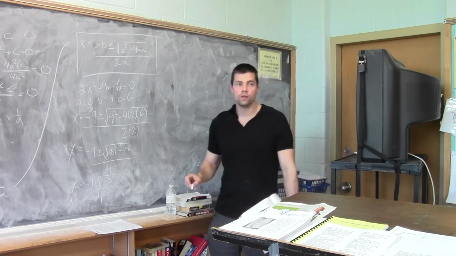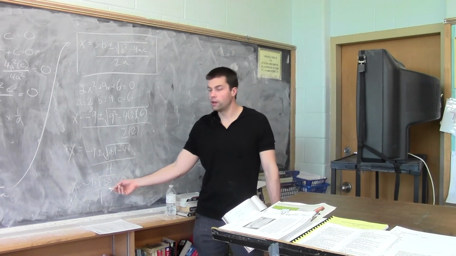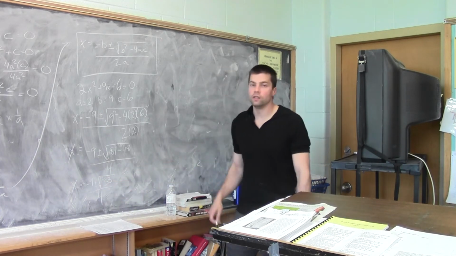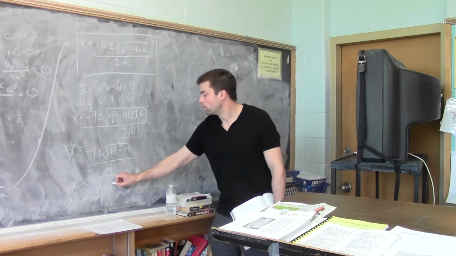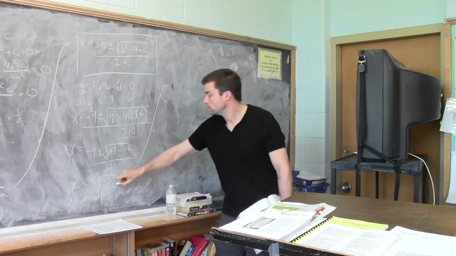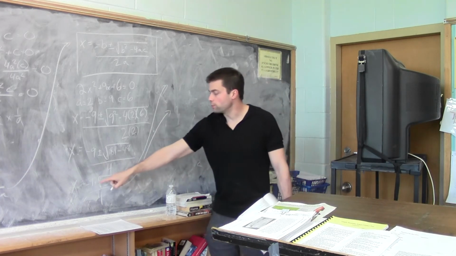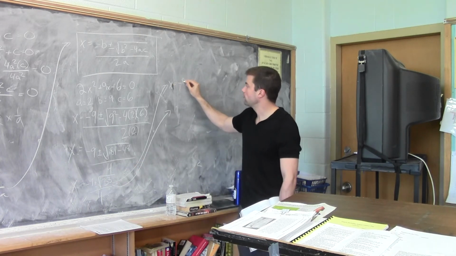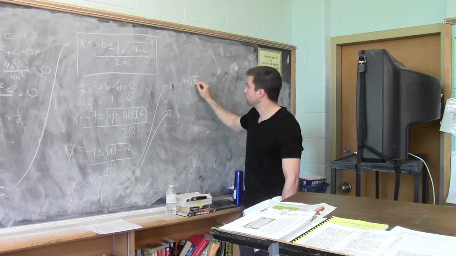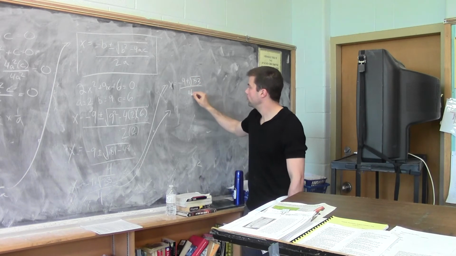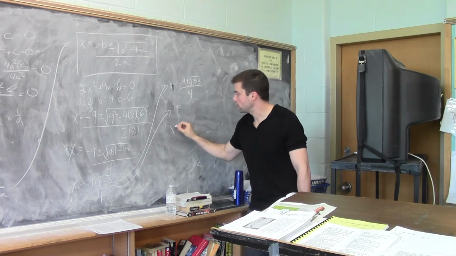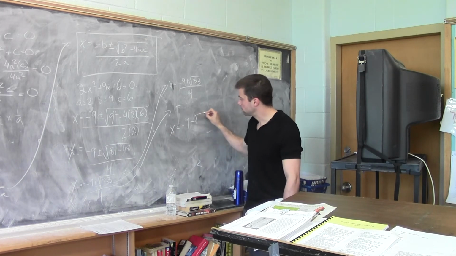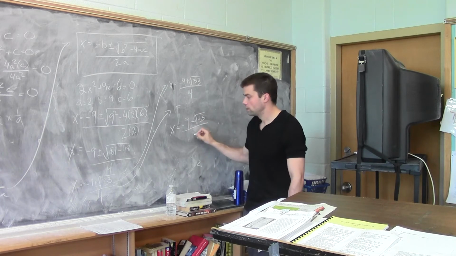So guys, when you get to this point, there's nothing more you can simplify, so you need to break the answer into 2. It breaks up into 2 answers: one is with positive and one is with negative. So one would be x is equal to negative 9 plus the square root of 33 over 4, and the other one is x is equal to negative 9 minus the square root of 33 over 4.